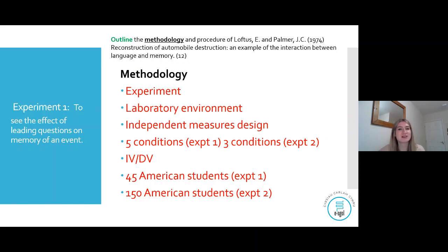So you will already hopefully be having alarm bells ringing that there is a culture bias because they are only American. There's also a subculture bias in the fact that they are students. And it's quite a limited sample, isn't it? 45 for experiment 1 and 150 for experiment 2. So those are the start of our methodology for this experiment.